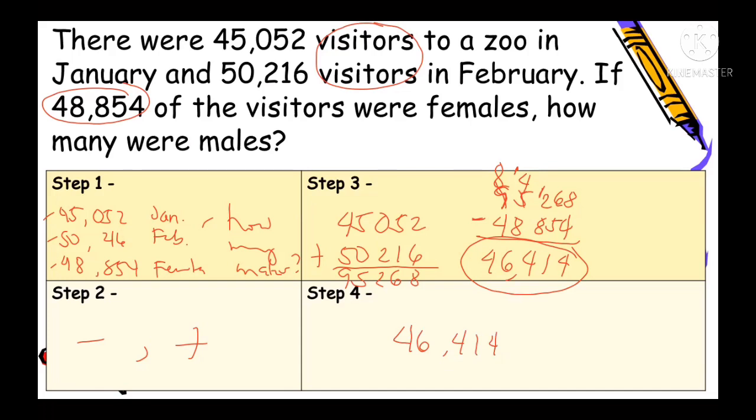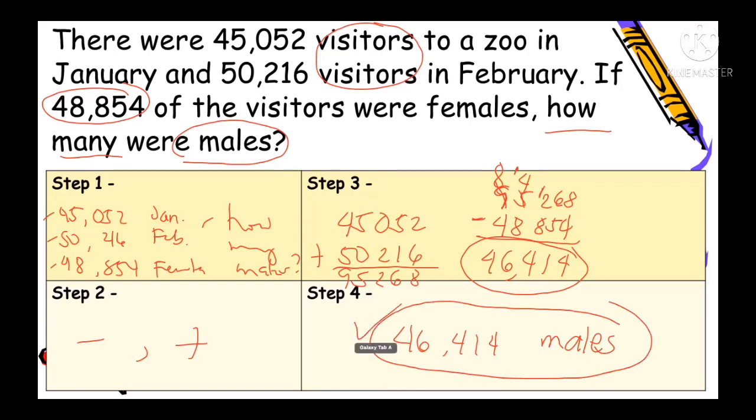Our question is how many were males? So we will put here the word males. So our answer is 46,414 males. As simple as that. Alright? Again, if there's no clue, then you need to really understand the problem. Okay? That's important.